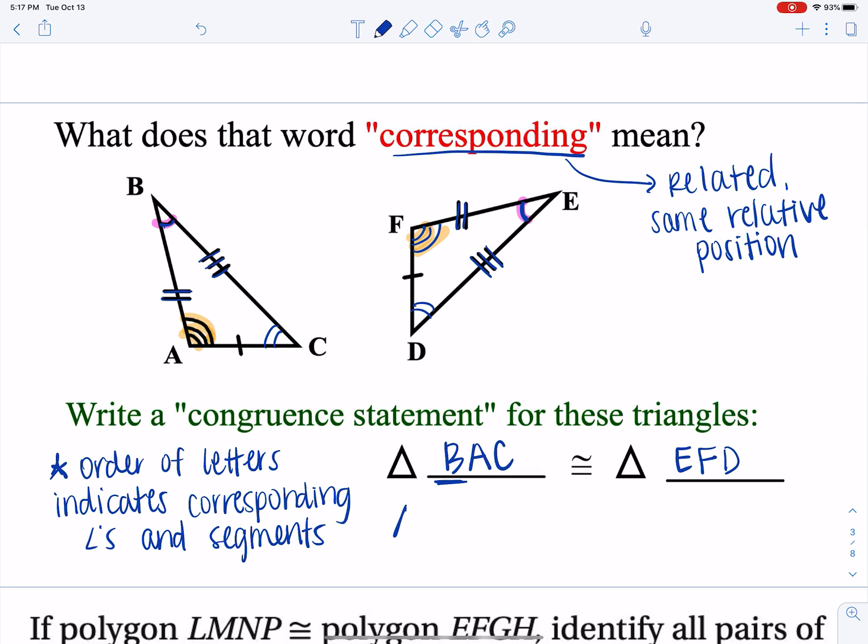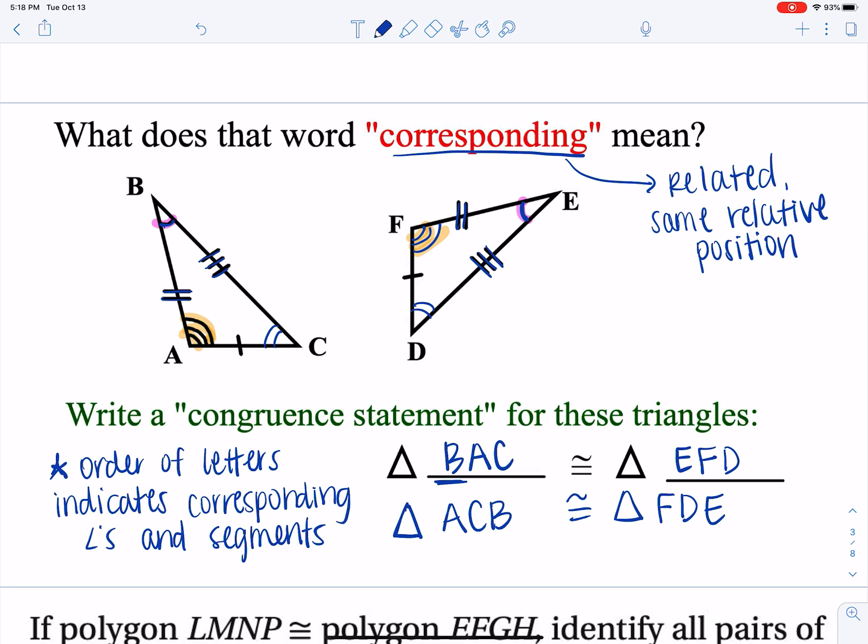What if I switch the order around? What if I name this ACB? How would you need to name the second triangle in order to continue to match up those corresponding parts? We would need to name it triangle FDE.